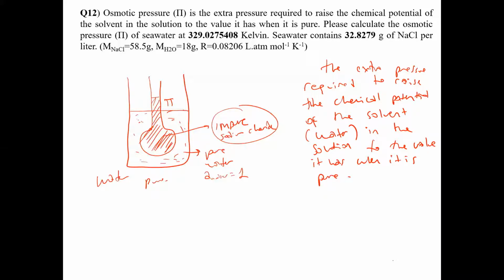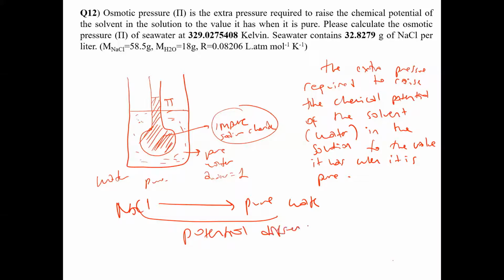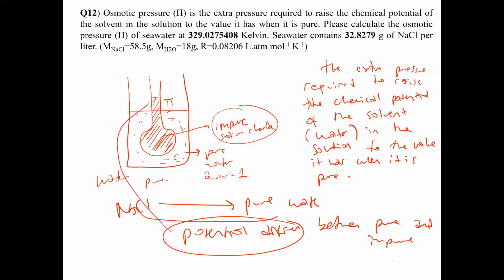So there is a desire for sodium chloride solution to become pure water. There is a potential difference between pure water and impure water. Due to this potential difference, we get a pressure. It is called pi.